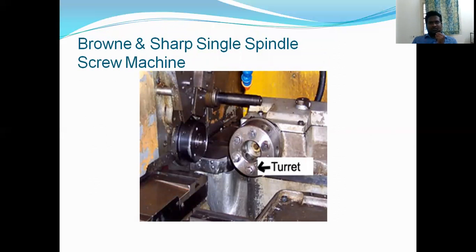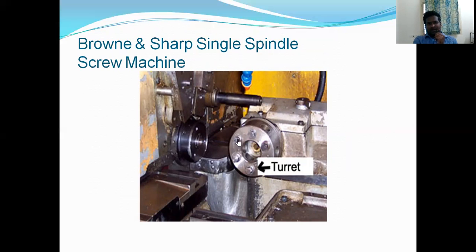This is also one of the machines, the Brown and Sharpe single spindle screw machine. Observe that here it is a turret. The turret has holes, and on these holes we have fixed our cutting tools. Here the spindle is rotating, and in this we have fixed our workpiece.